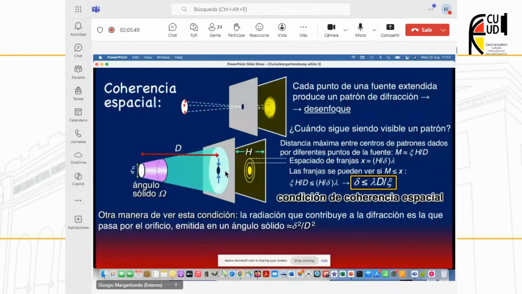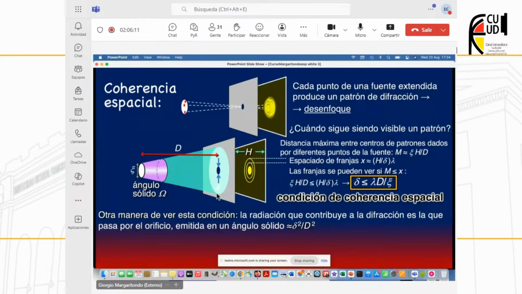And so what is participating in diffraction is what is emitted in a rather narrow solid angle, which is given by these distances: the size of the source, once again delta, and the distance between the source and the pinhole.